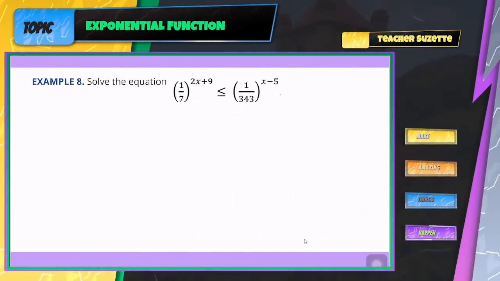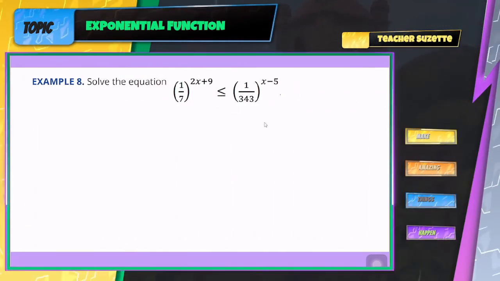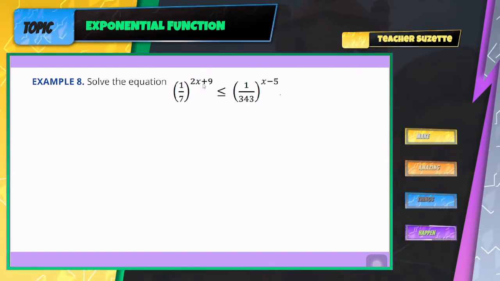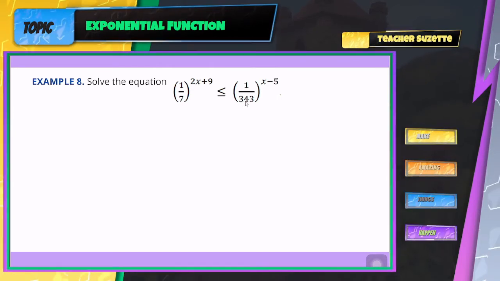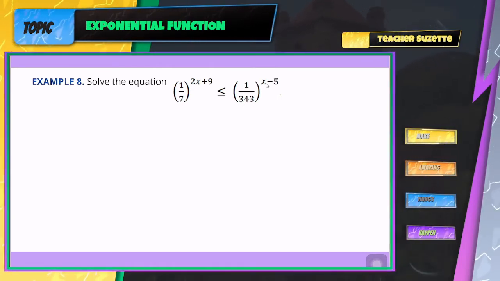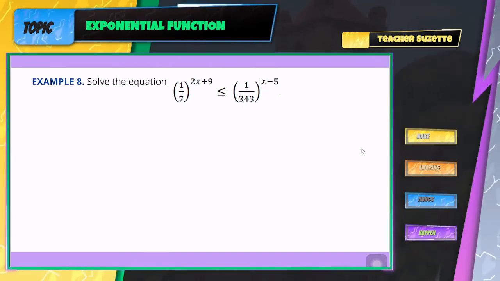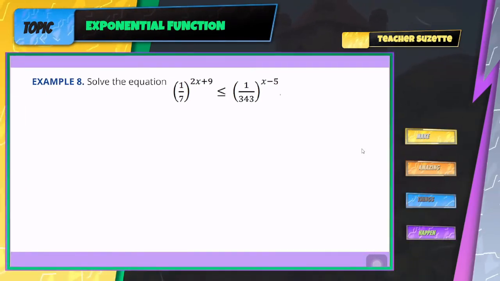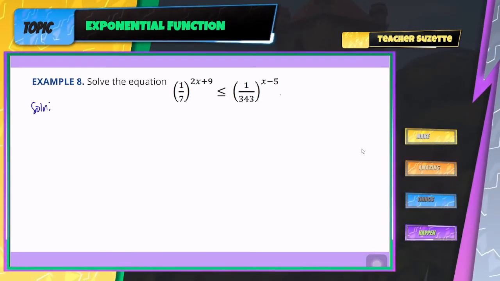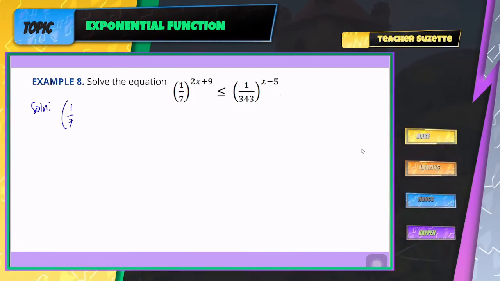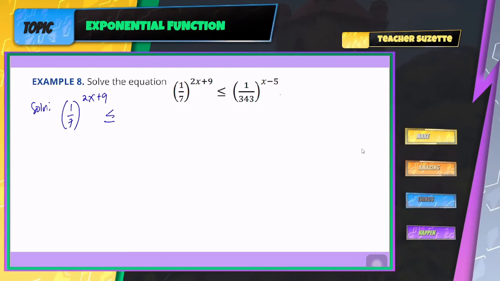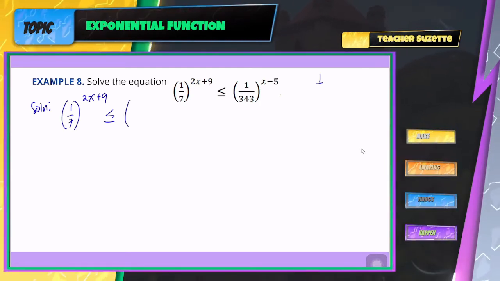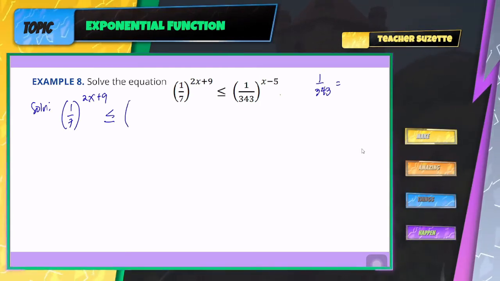Then, lastly, let's solve the inequality 1 over 7 raised to 2x plus 9 less than or equal to 1 over 343 raised to x minus 5. So, solution. 1 over 7 raised to 2x plus 9 less than or equal to, 1 over 343 can be written as 1 over 7 raised to 3.